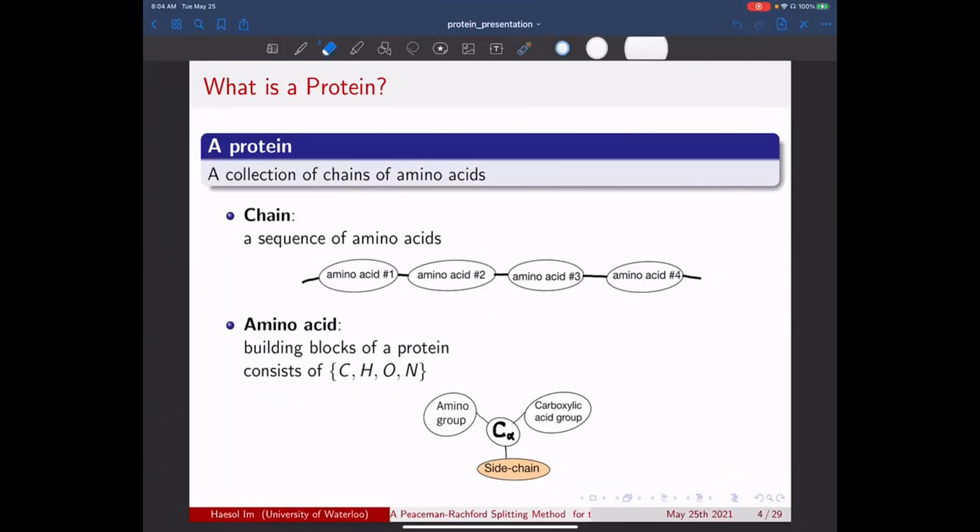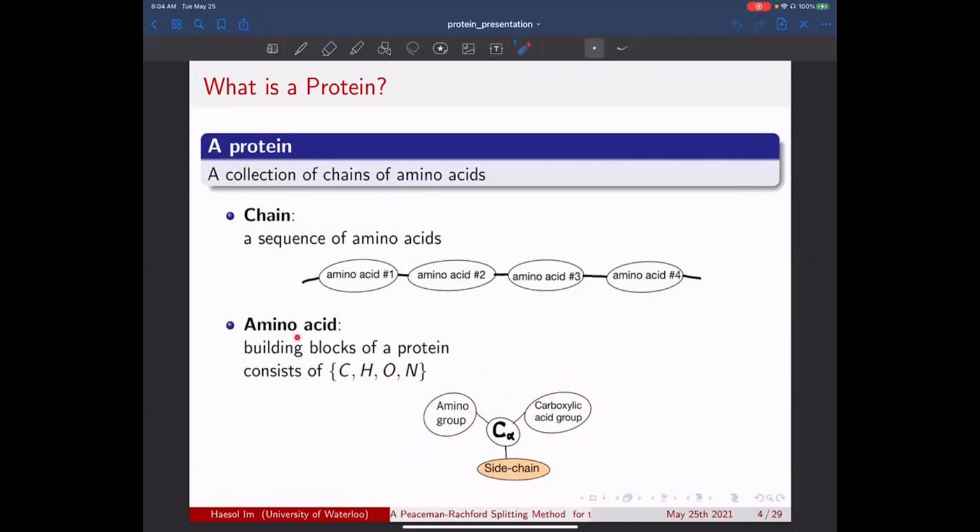An amino acid is a building block of a protein, and it consists of carbon, hydrogen, oxygen, and nitrogen in general. And this is a typical picture of an amino acid. So there is an atom called alpha carbon in the middle, and it has 2 groups of atoms attached to it. One is the amino group, and the other is the carboxylic acid group.